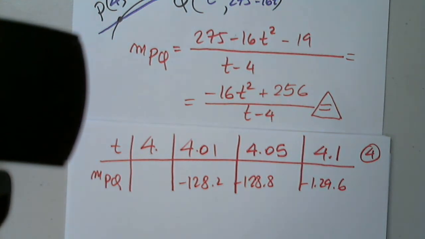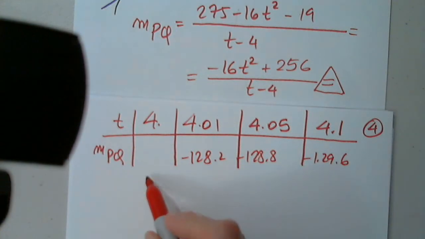Good. So what is your guess? What would be your guess? If you want to have the best, you're going to write 4.00000000001 because you cannot plug in 4.